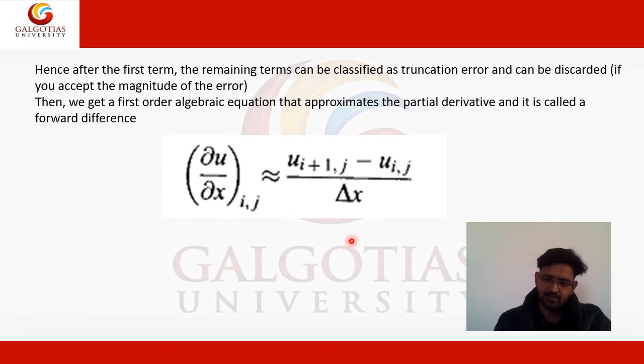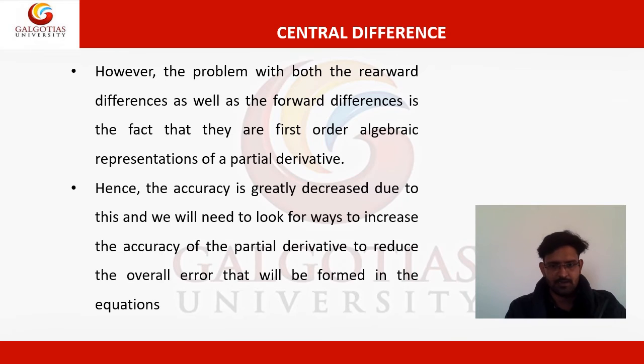And if magnitude-wise we can neglect those other truncation terms or errors, we can model the partial derivative into the finite difference element in such a way. Now that was the forward difference. There are three types of difference: forward difference, backward difference, central difference. Now we will see what the central difference is.